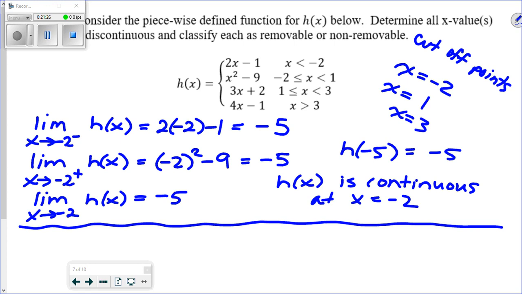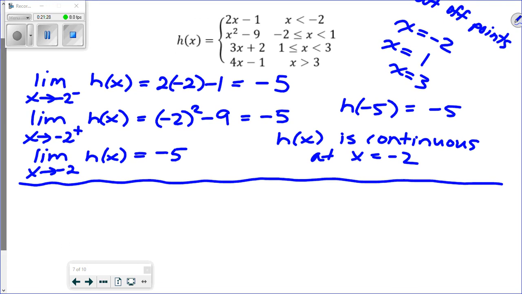Okay, let's try x equals 1. So again, start with your one-sided limits. So we want to evaluate the limit as x approaches 1 from the left of h of x, which means we are going to plug into the x squared minus 9.